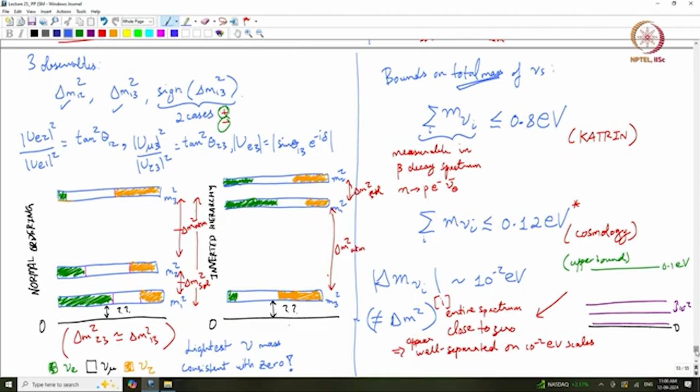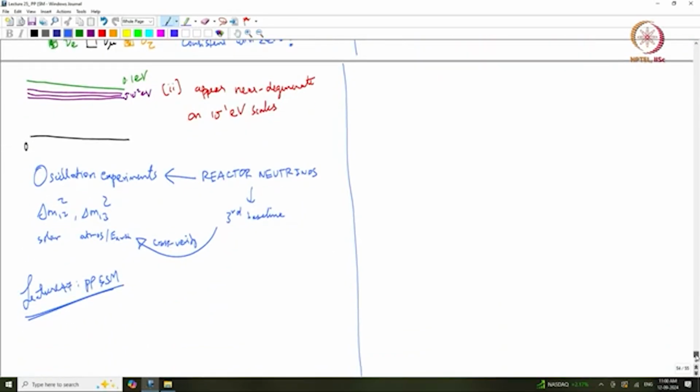Because the difference in the actual mass between them is around 10 to the power minus 2 electron volts, either they are all sitting close to 0, squished down there, so the maximum mass is only of order 10 to the power minus 2 electron volts, or something in between is also possible. Finally, in the other extreme case, all the neutrinos are squished close to 0.1 electron volt, with a separation of around 10 to the power minus 2 electron volts. That is also possible. So, we just do not know.